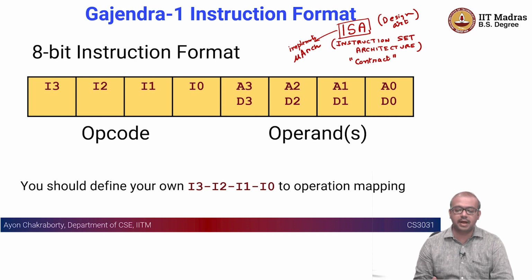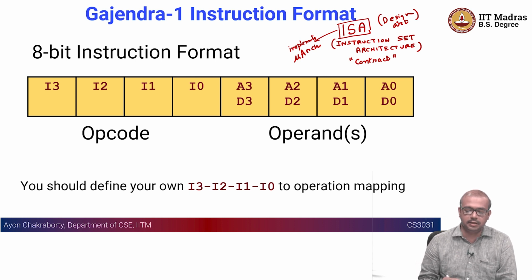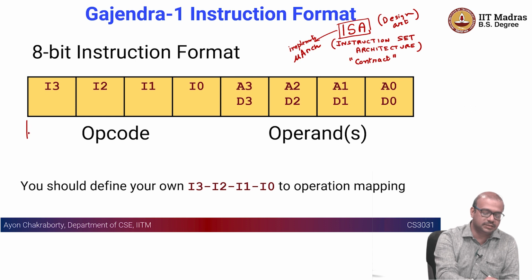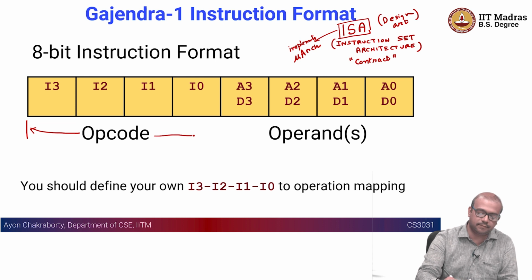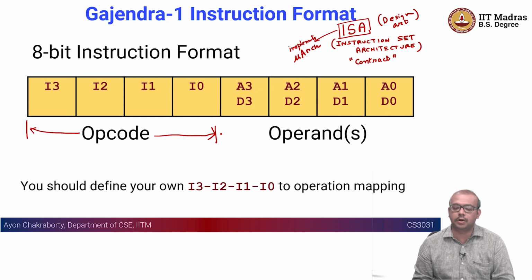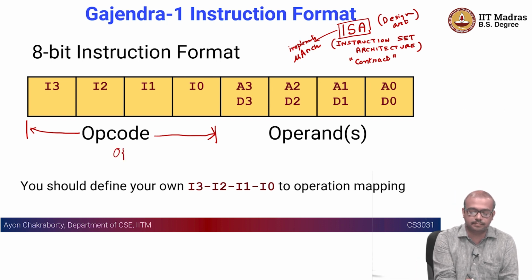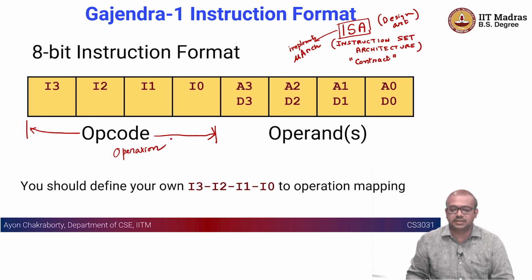Now coming back to our discussion of the Gajendra instruction format, out of the 8 bits, we use the first 4 bits, the most significant 4 bits, to specify what is called the operation code or opcode. The operation specifies what the ALU is going to do, if it is not a data transfer instruction like move, store or load.